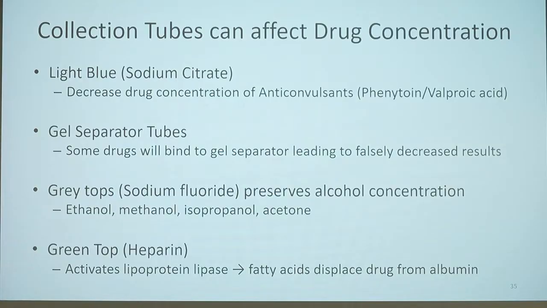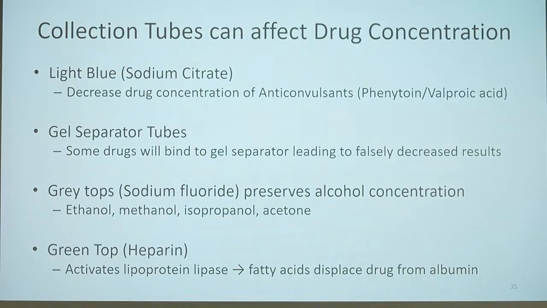Light blue top tubes have citrate that takes up about 10% of the tube. It's lining the tube, so when you add the blood, the anticonvulsant drugs in particular will be diluted. That will give you a false decrease in samples. Some drugs might get stuck in gel separator tubes, again giving you a false indication of the amount of drug in the blood.